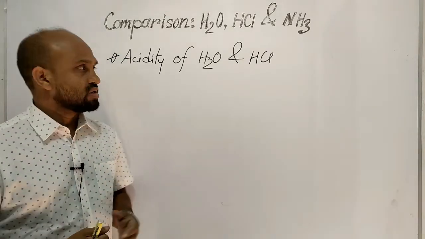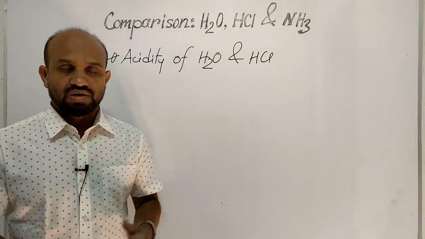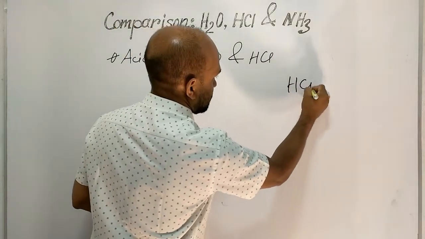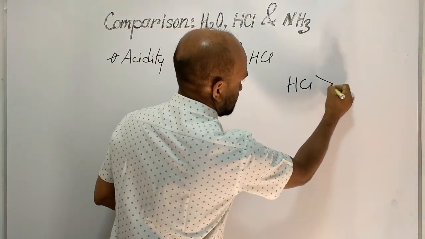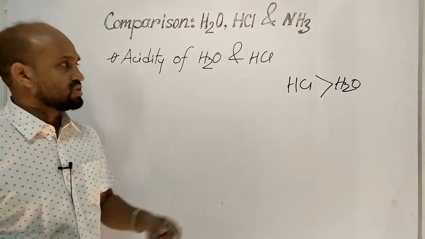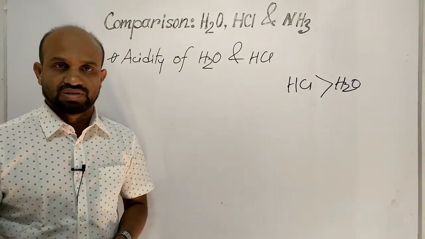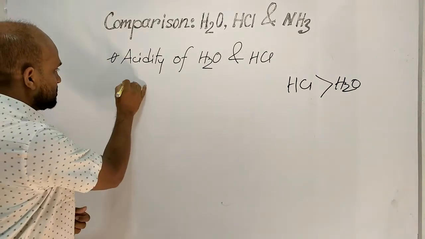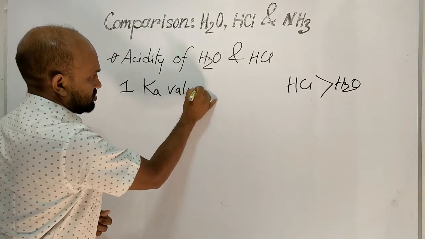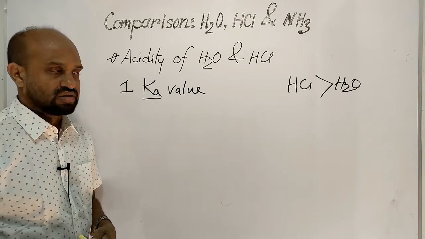Now the point is acidity of water and HCl. We all know that HCl is a stronger acid than water. Here we will know the reason behind this. There are two reasons. One is the Ka value, the acid dissociation constant.